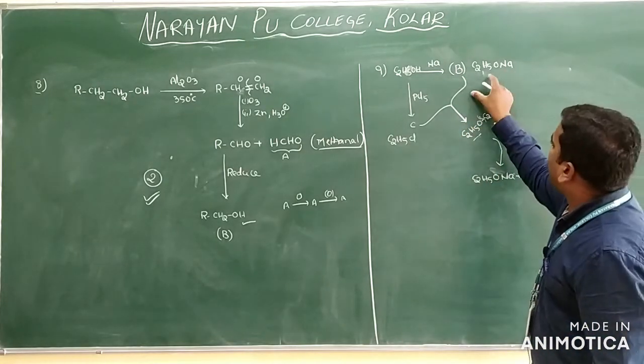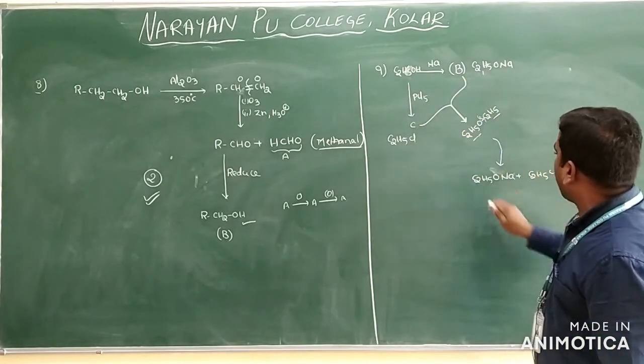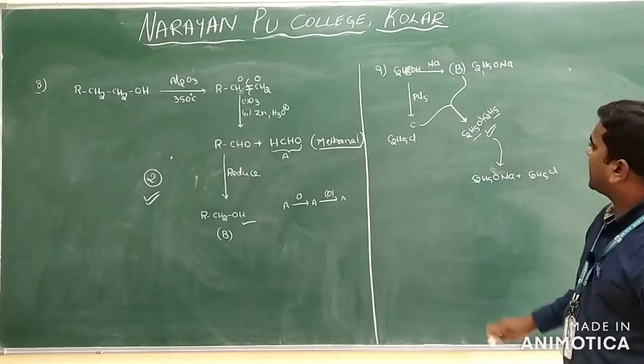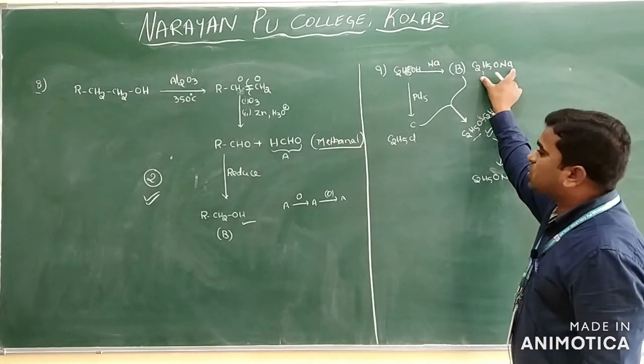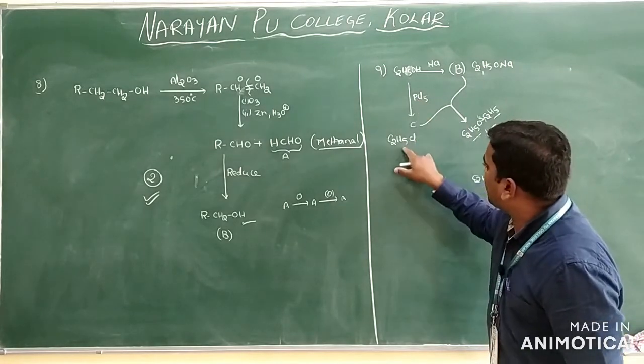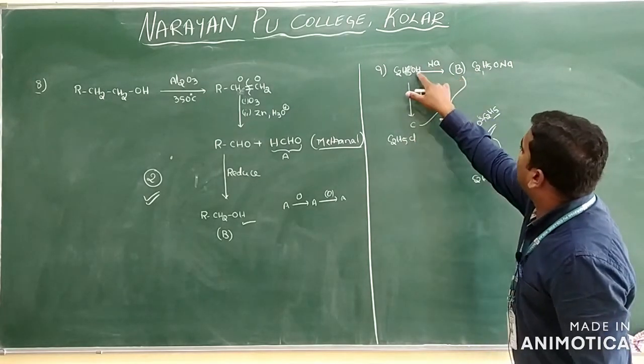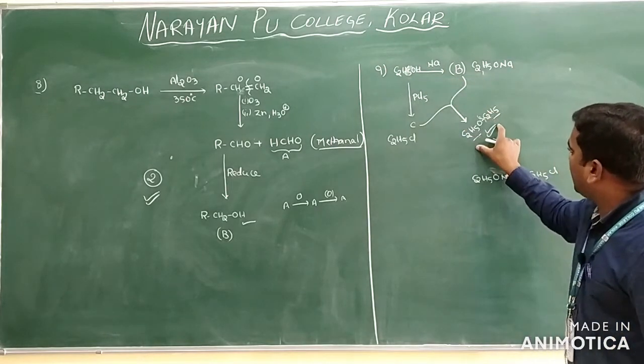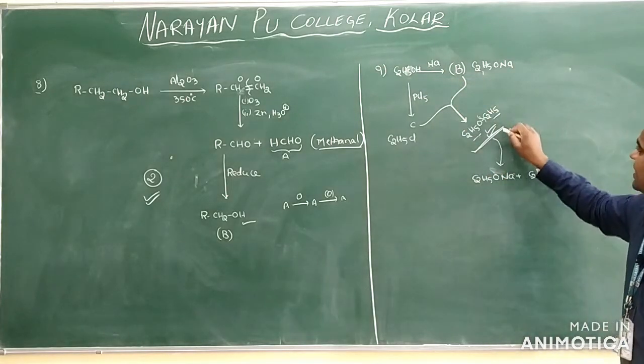B and C both react and give diethyl ether. One should be sodium alkoxide and the other an alkyl halide: PCl5 gives the alkyl halide, and sodium gives the sodium alkoxide. Both combine and give diethyl ether.